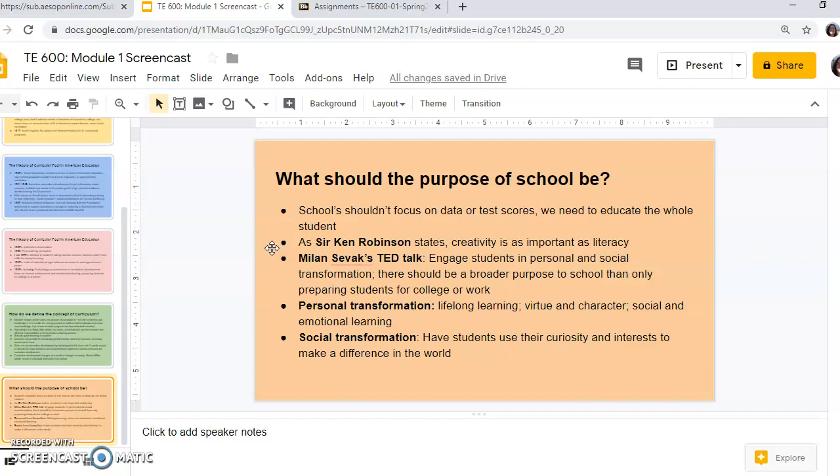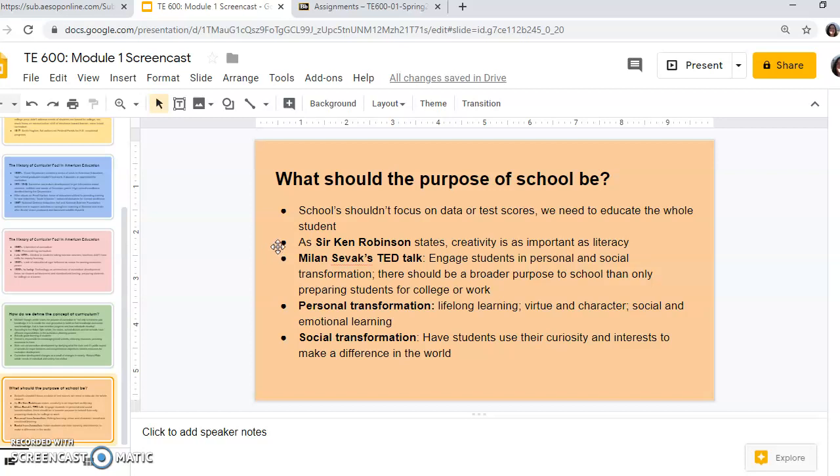We're not able to give students the impression that creativity is just as important as academics, which I believe it is, because how do you innovate without creativity? You need to have creativity to have innovation, right?